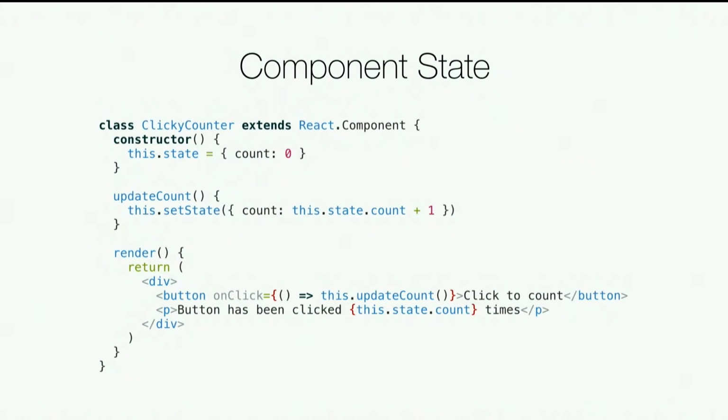So here's my lovely clicky counter component. So again, we're extending the React.Component. And then in my constructor, we're setting this.state. So this.state exists, but we're going to initialize it to an object where we have a property of count, and that's initially set to 0. And then we get an update count method.